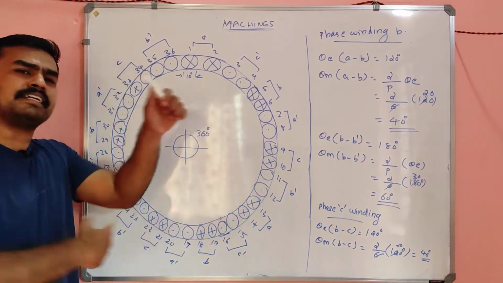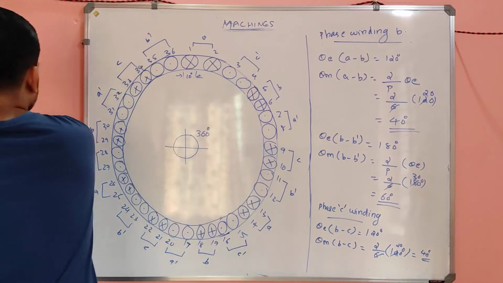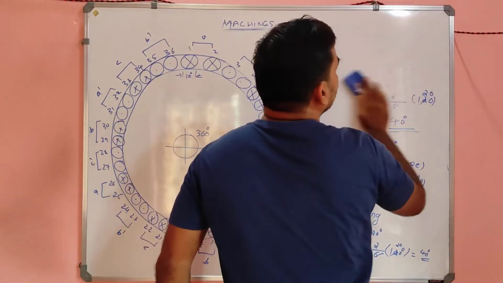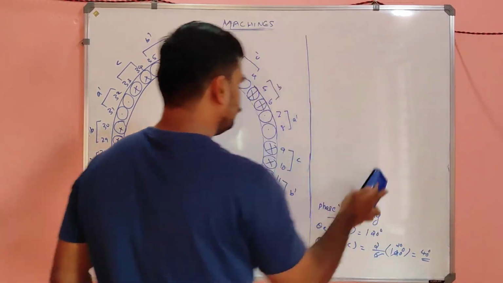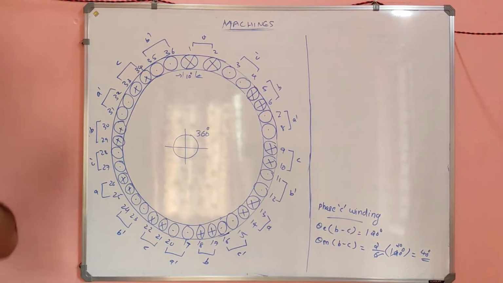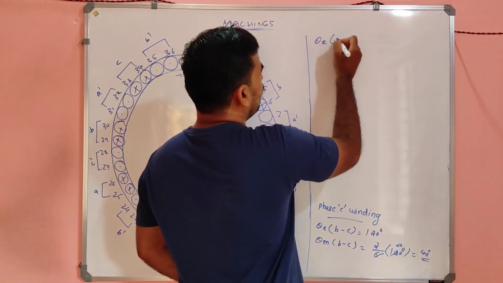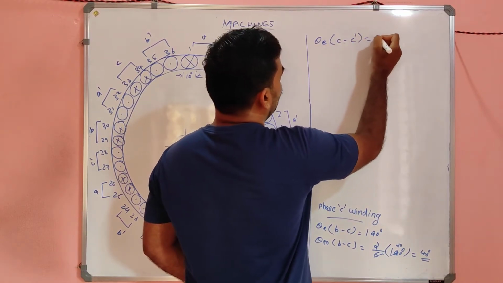Then where will be the return path of C? The electrical angle between C to C dash will be equal to what? 180 degree.